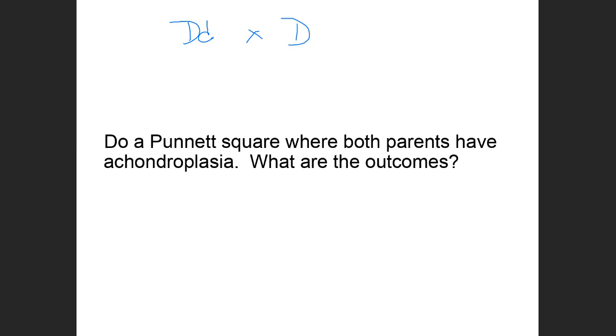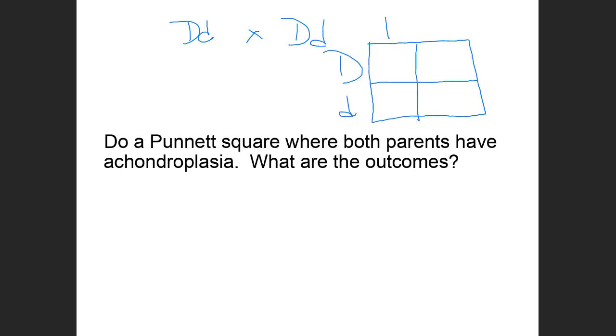So if we cross two heterozygotes, so these are the eggs and sperm produced, right, by both of these individuals. So this is a monohybrid cross, but we're talking about a lethal dominant characteristic.